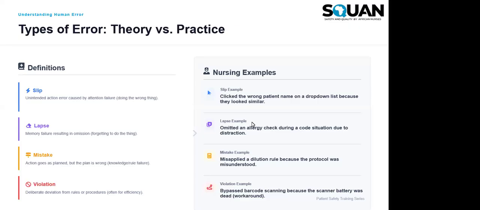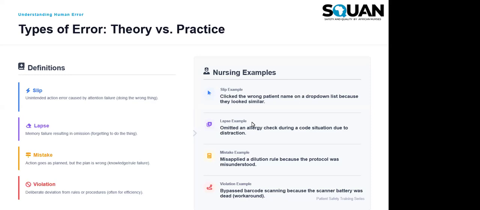For this type, you really need to coach people, and we have to apply consequences too sometimes for such cases if people are violating protocol. The example written here is bypass barcode scanning because the scanner battery was dead. So they built a workaround because the machine is not working. So let's just go ahead and do it without thinking of what could go wrong.